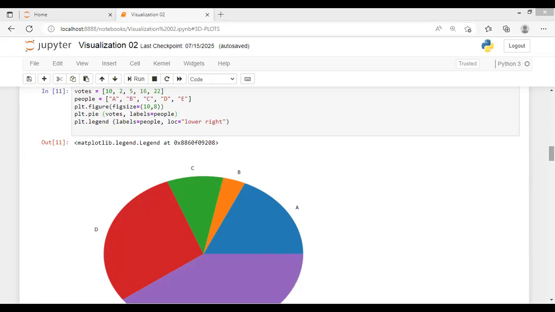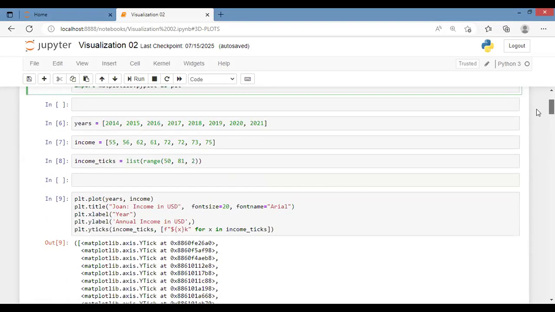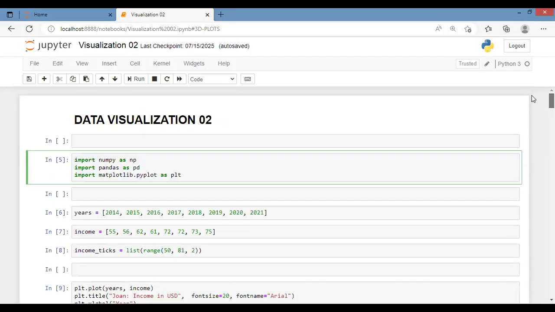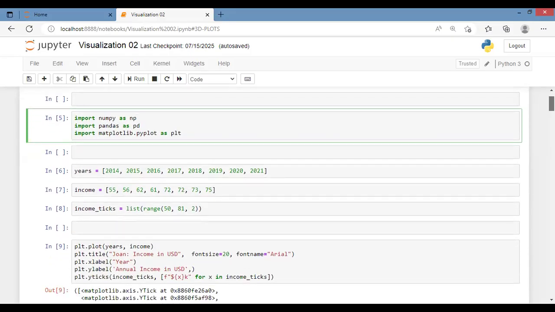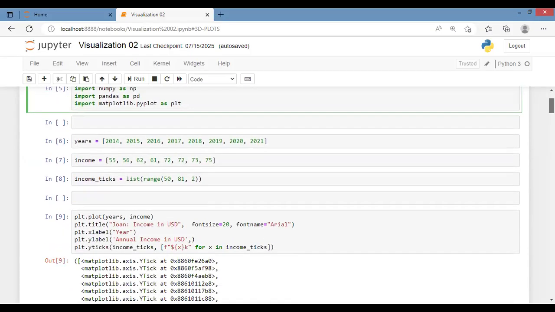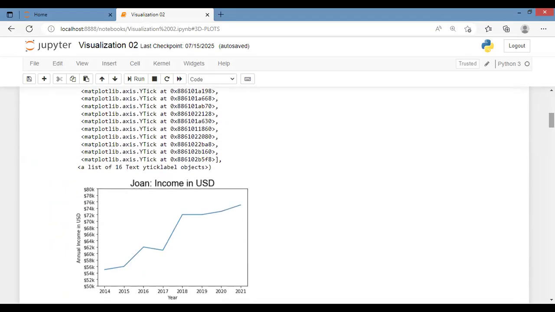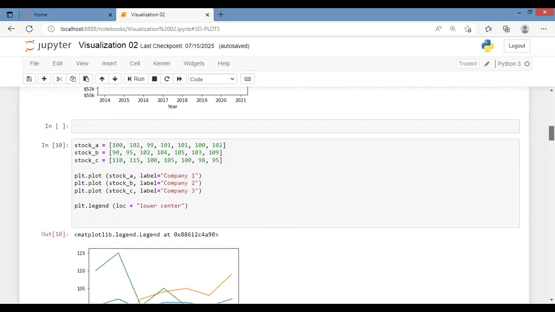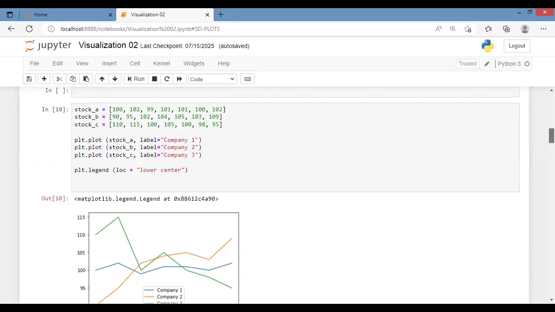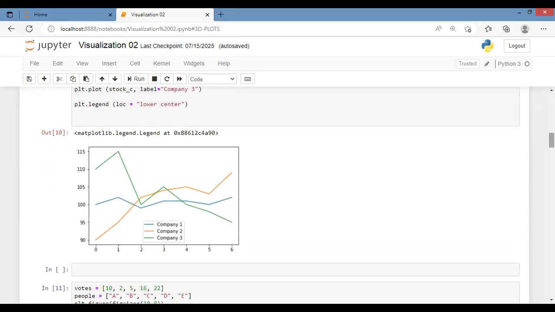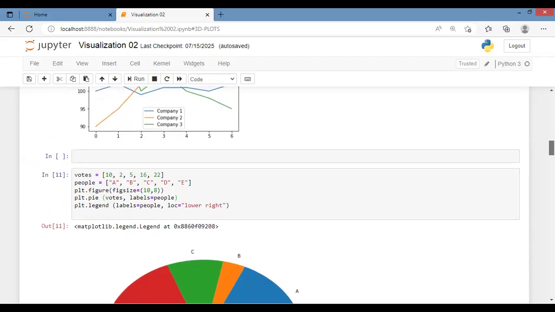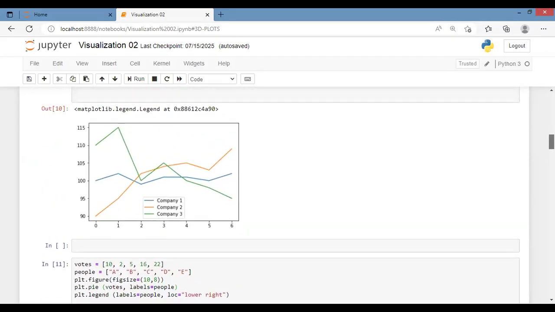So I said in the last two or three classes, we've been on data visualization using Python. And our main purpose of doing this is to help us with data exploration as we move on with the data analytics course.